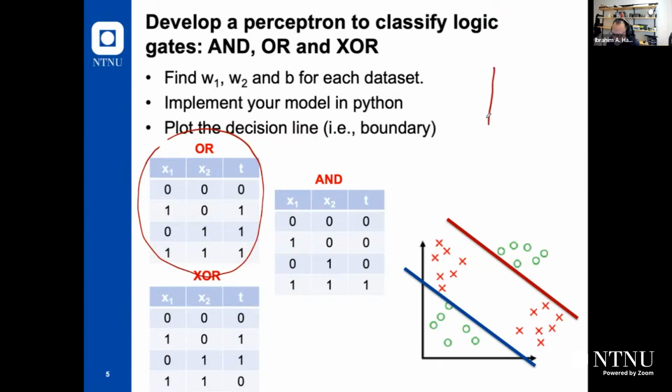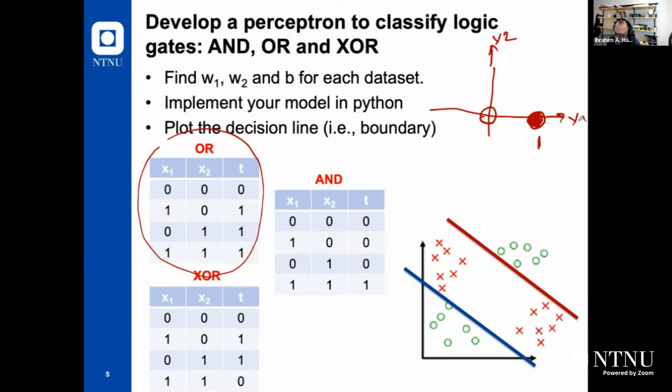If you want to draw it in XY coordinates, it will be like this one. When it is 0 and 0, it will be 0. I will make it white, right? When it is 1 and 0, so X1 is 1, and this one I will call X1. This one is X2. I will have here another one, I will make it red. The output here should be 1.